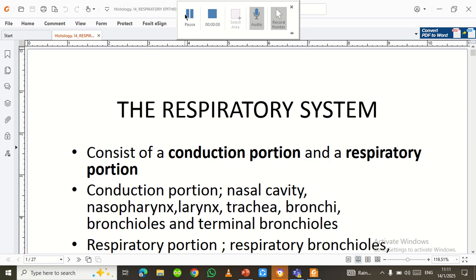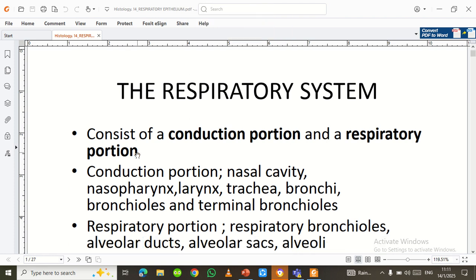Today we're going to look at the histology of the respiratory system. The respiratory system is divided into a conducting portion, from your nose down to your cartilage linings, and then the respiratory portion, starting from your terminal bronchioles going up to your alveoli.